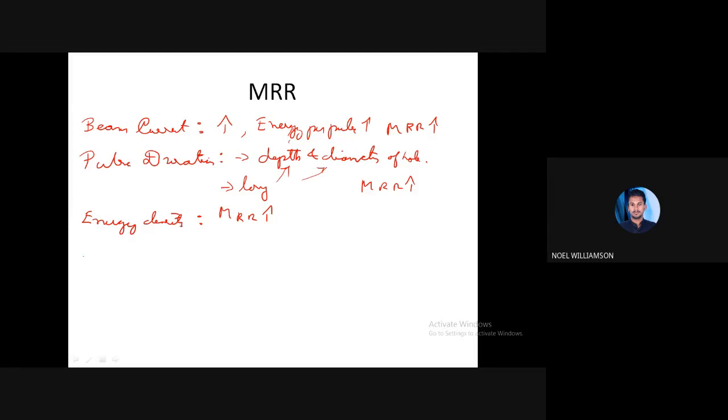Next, regarding the lens current. We have seen there is a magnetic lens in order to focus the electron beam to a particular spot. So the lens current mainly determines the distance between the focus point and the electron beam gun.